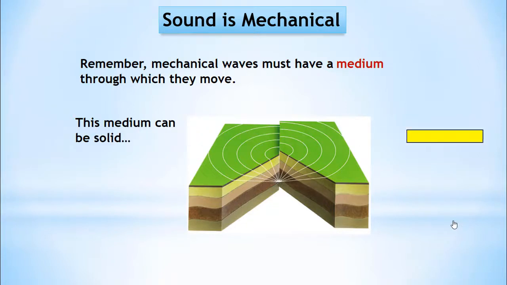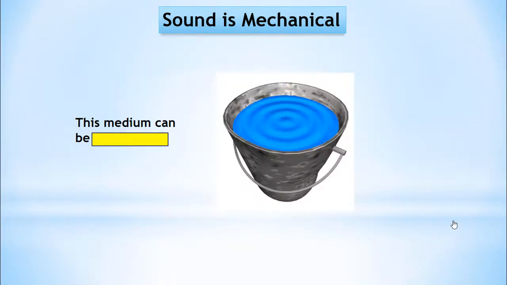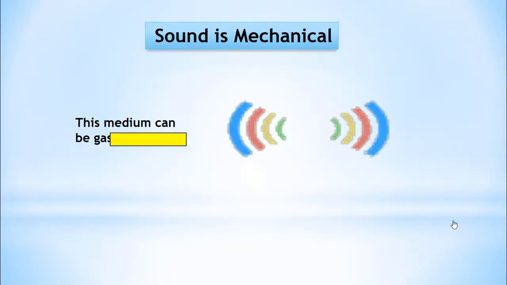This medium can be solid, liquid, or gaseous. And to show that the sound wave is mechanical in nature, that the sound wave needs a medium for its propagation, let's perform an activity that is given in your textbook. The activity 11.2 is on page number 21.